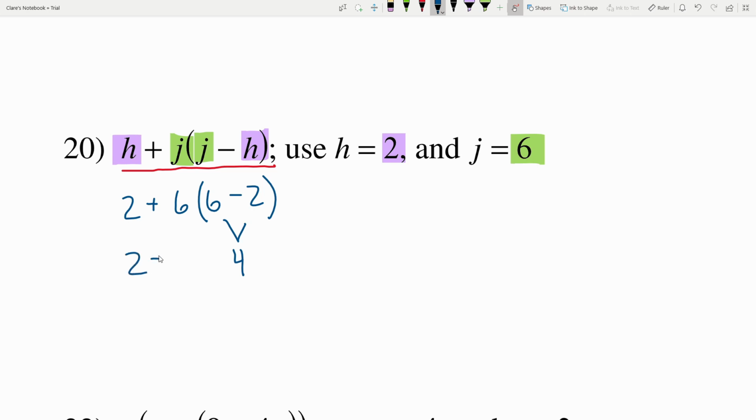So I'll have 2 plus 6 times 4. Now I'll do multiplication, because multiplication comes before addition in my order of operations. 6 times 4 is 24, and I'll add that with 2 to get 26. 26 is my solution in number 20.